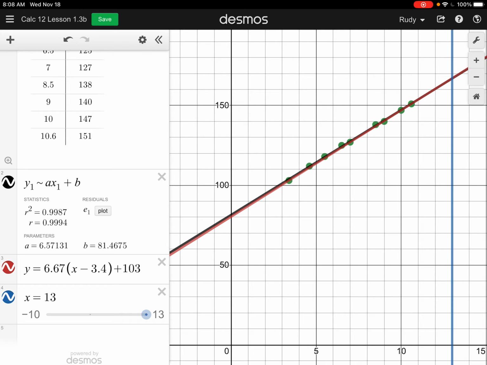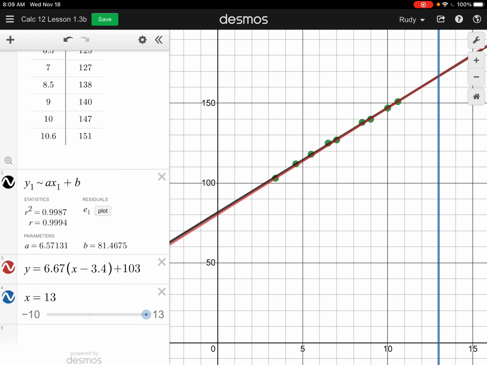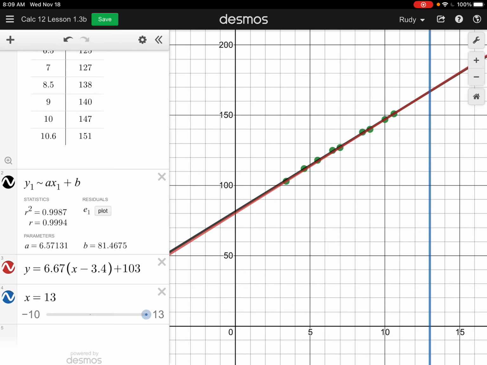So clearly this model is not appropriate as we get closer to birth. Somewhere in this region between this point and the y-intercept, this line must start to go down at a much steeper rate. But with the data we have, we just can't say for sure where that is.